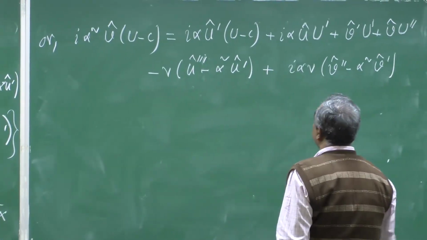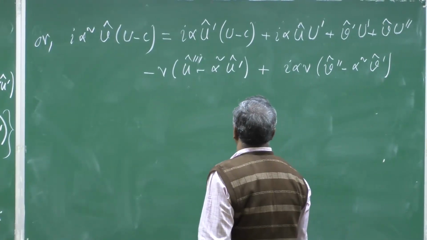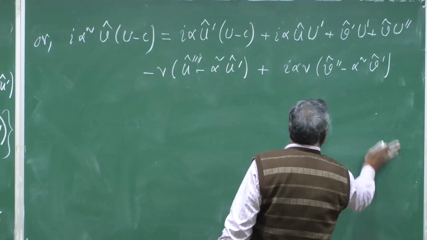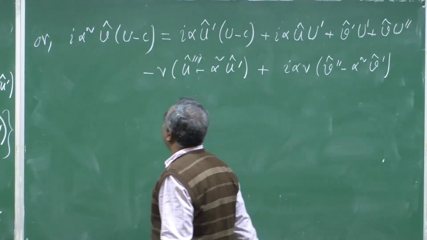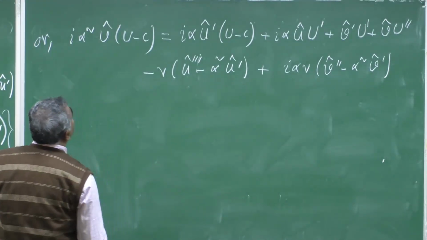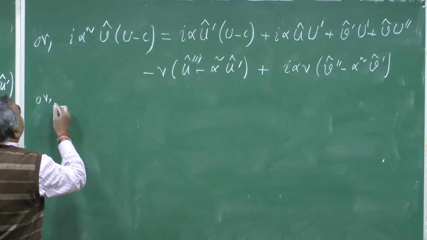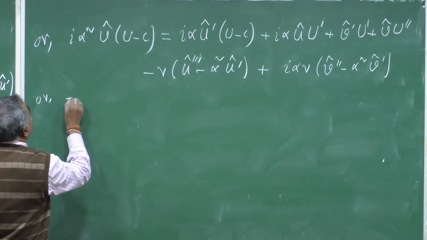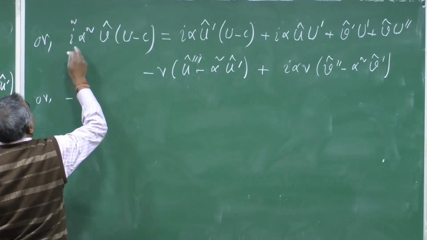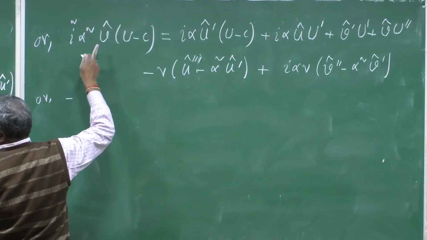Now, we have to use the continuity equation to remove u. So, here we can write this term rather as minus, sorry, this should be i squared, since we are multiplying iα in both the sides.